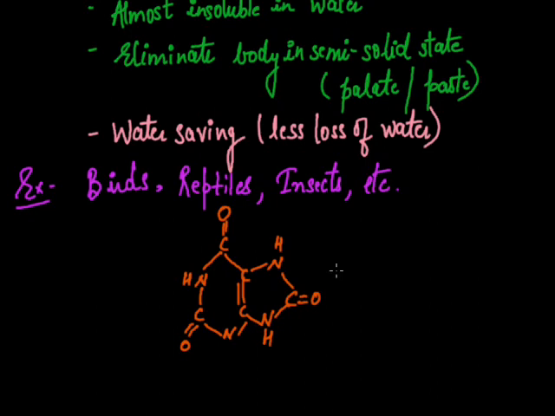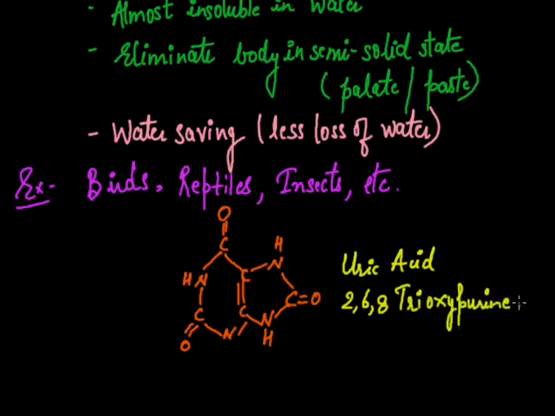This is the structure of uric acid, and the IUPAC name for this is 2,6,8 trioxypurine. It is the double heterocyclic ring of purine. That is, this is the structure of uric acid, and its formula is C5H4N4O3. So this is all about the uric acid.